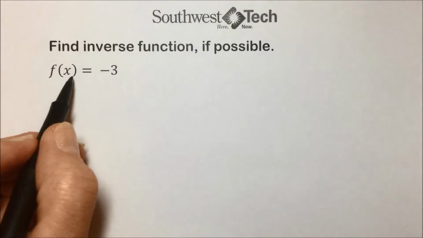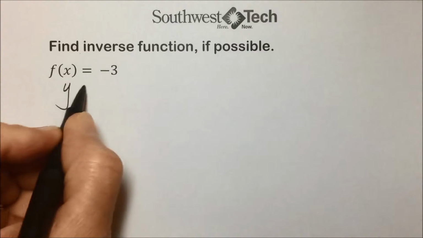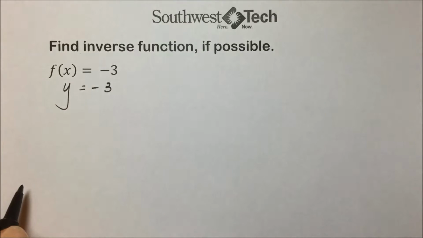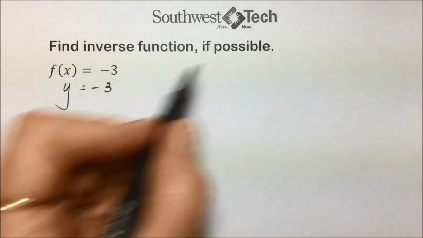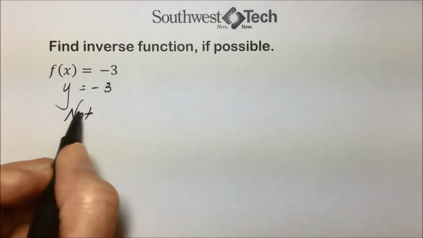The first step says replace your function notation with y. Next, switch x and y. We have a problem. There isn't an x in this formula. So it may not be obvious, but because we can't solve uniquely for y after x and y have been interchanged, because there is no x, this is not possible.